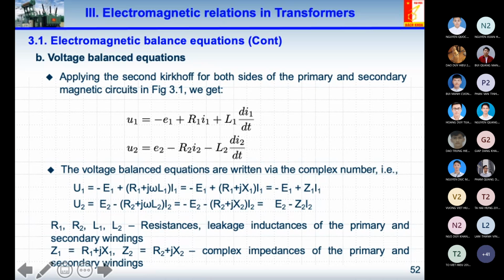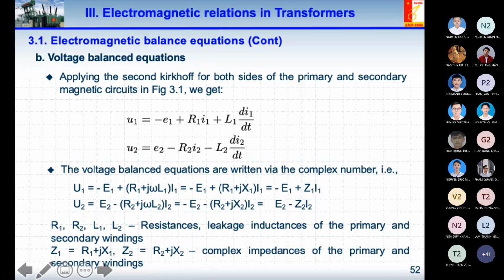If you come back to the previous slide, you can see we get the ratio of the transformer, or the transformation ratio K. So K is equal to W1 divided by W2, and now W2 divided by W1 is equal to 1 divided by K here.